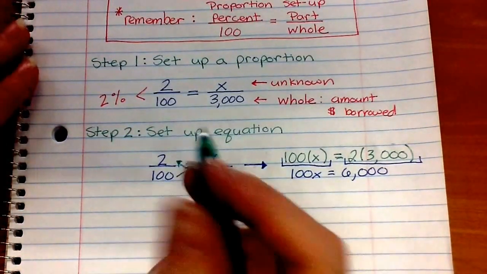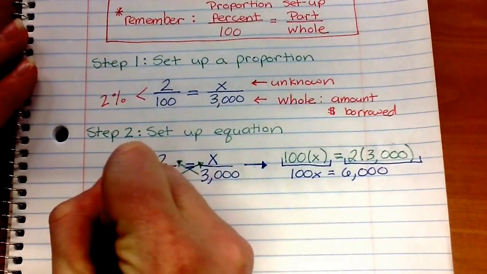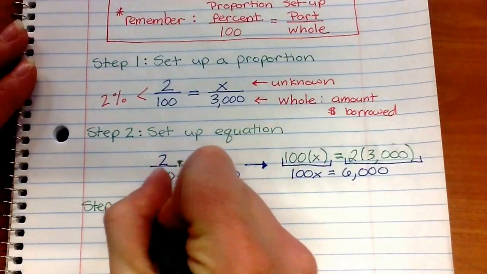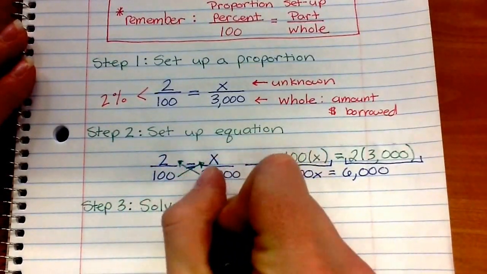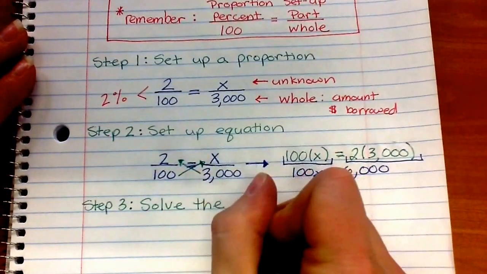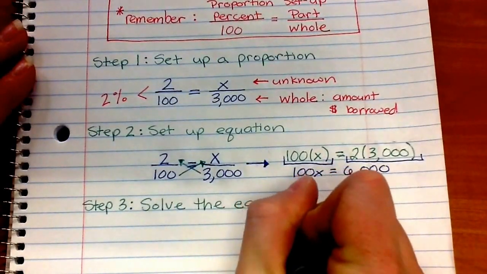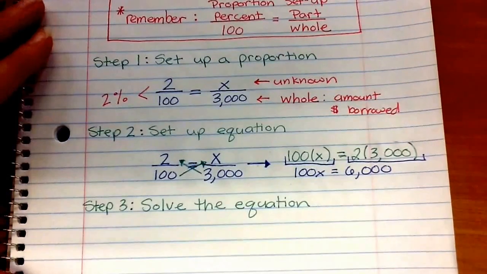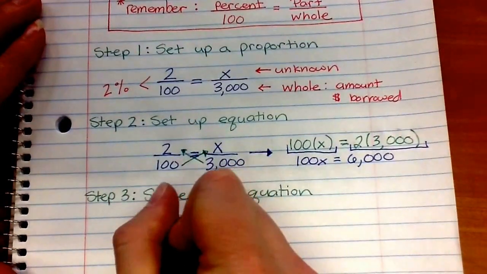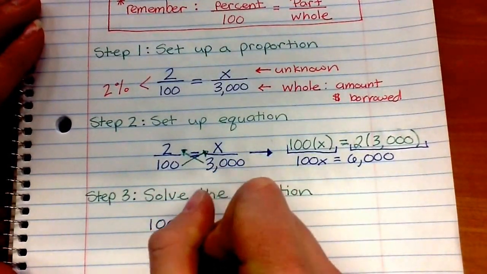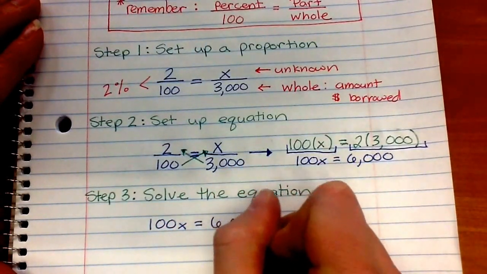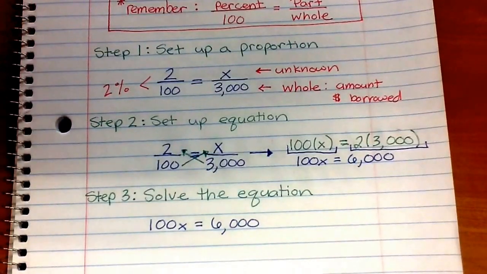So step 3 is going to be solve the equation. So I'm going to take 100x equaling 6,000, and I am going to simplify it.